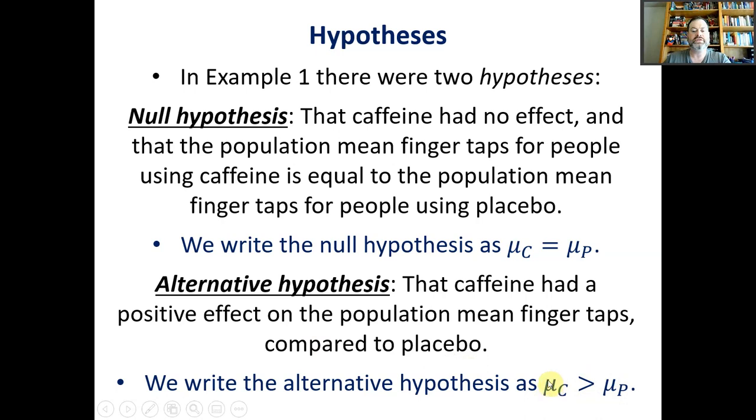Well, that means the mean finger tap rate in the population for caffeine is greater than, because it's counting number of taps per minute, so that's a speed, taps per minute is a rate, is greater than the mean for placebo. So this is the null hypothesis. It's what we had to assume in order for the data to give us information. And then this is what we think the data might show, or what we're looking for the data to show.